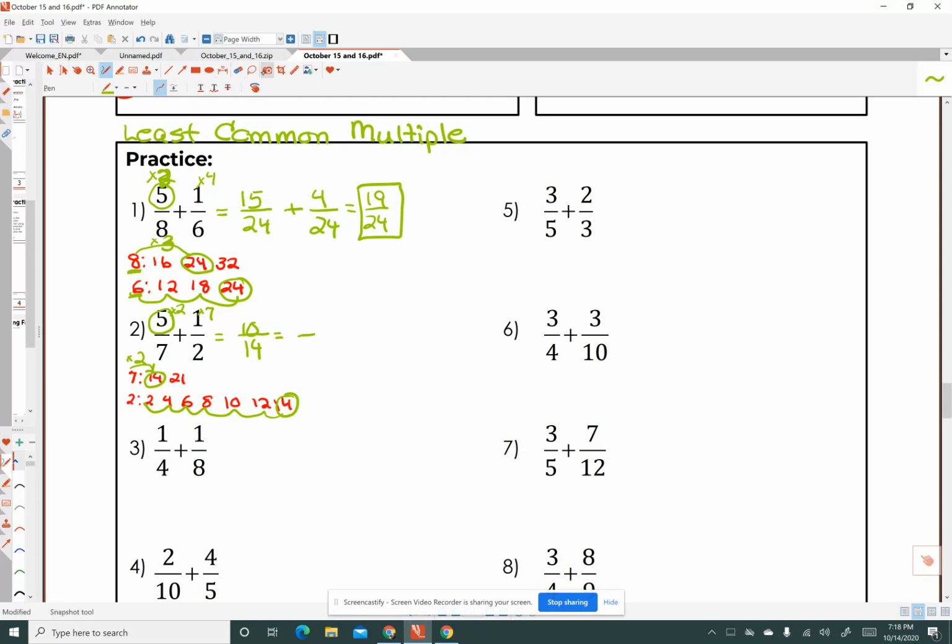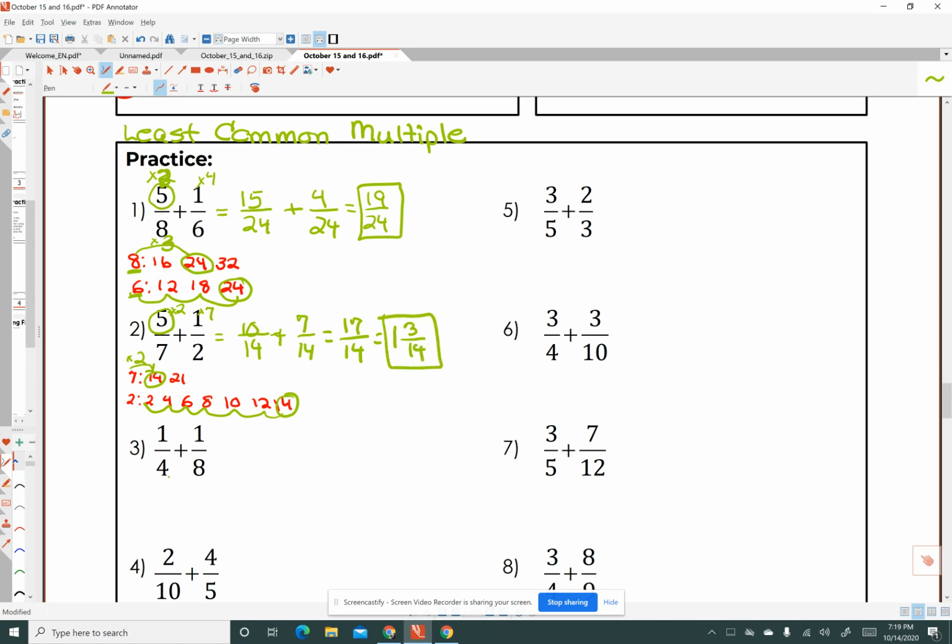Should be a plus sign there. Okay, and now we have 10 plus 7 equals 17. Our denominator is 14. Now, 17 is greater than 14. That's an improper fraction. So 14 goes into 17 one time with 3 left over.